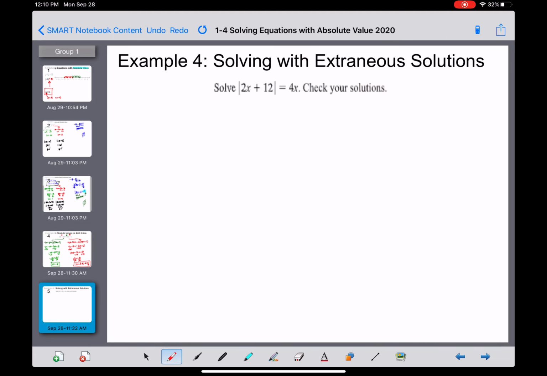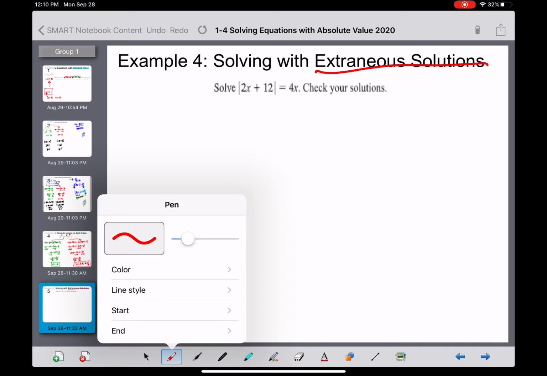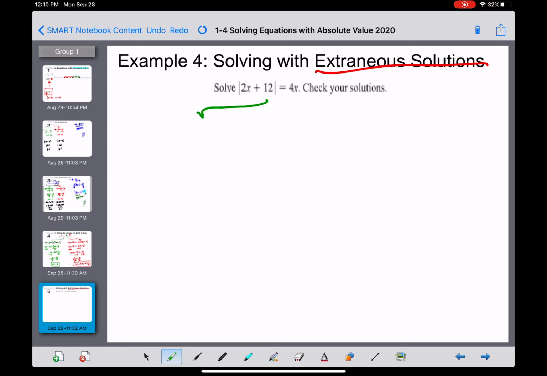My last example deals with this idea of extraneous solutions. So they are solutions that don't actually work when we check them. So since 4x is positive, I know it's not a special case, so I'm going to split into 2 sides. I'm going to set 2x plus 12 equal to positive 4x.